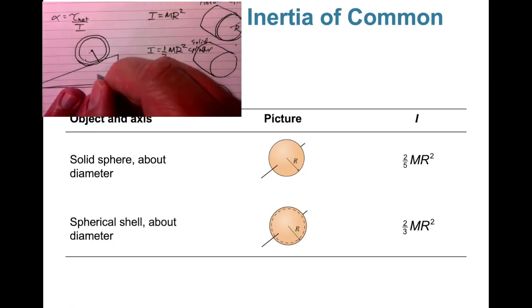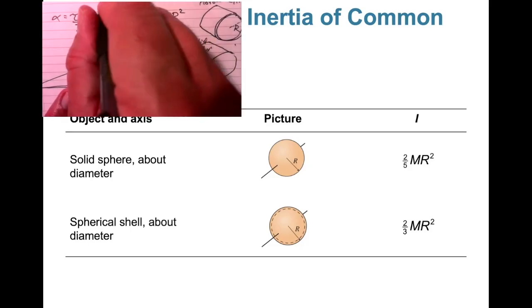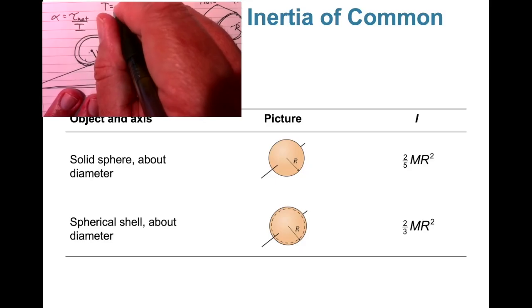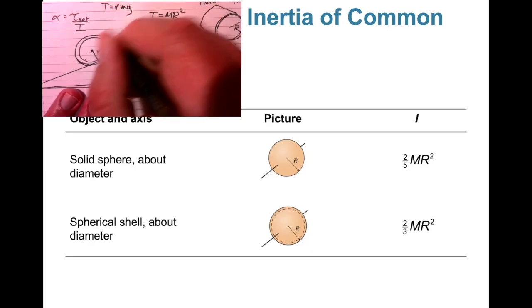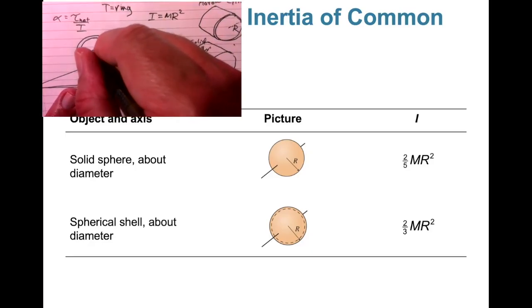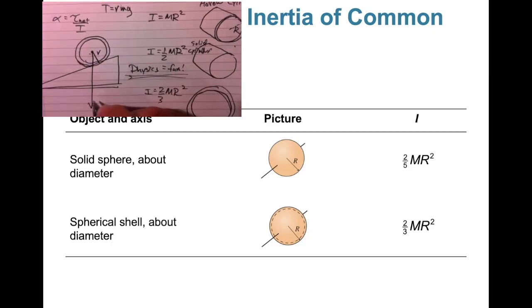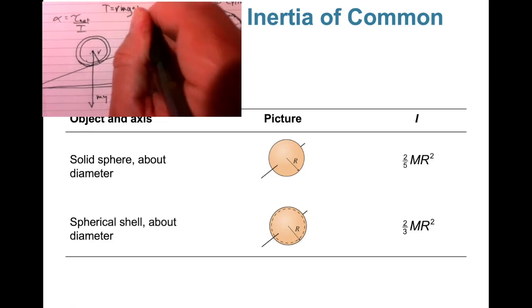There's our radius, so that's R. And before, we talked about torque being equal to, what did we say? It was R times F. So it's going to be R times the weight, or M times G. These two things are crossing. So right here, mg is going down that way, and we've got a sine of phi here.